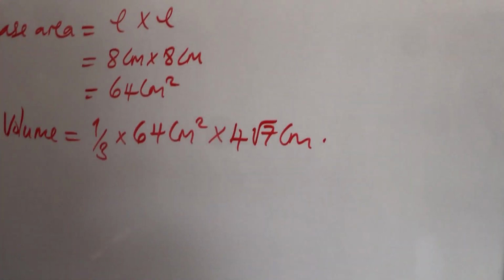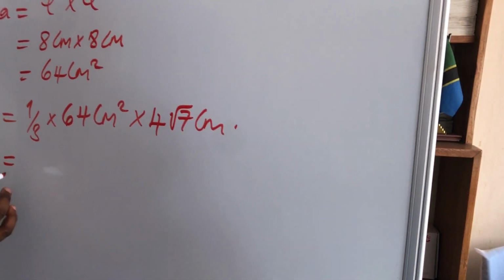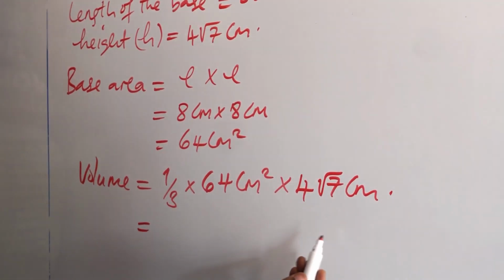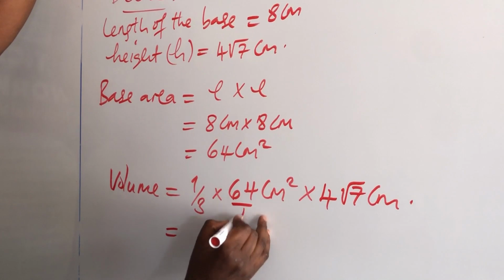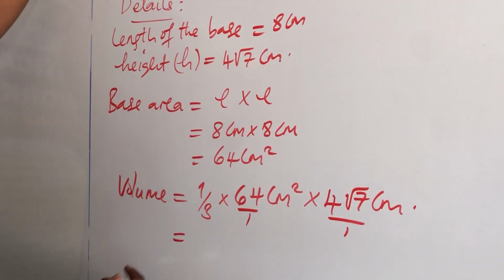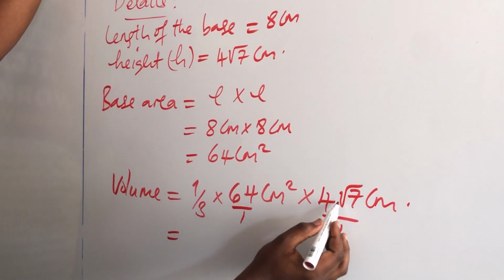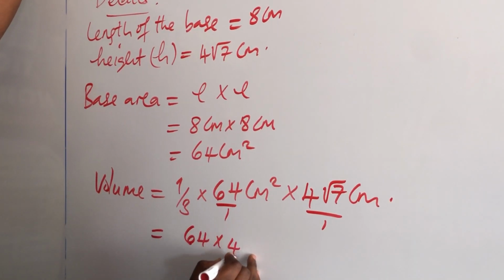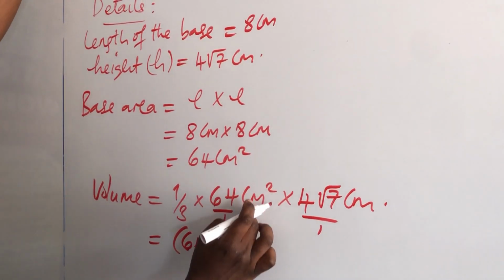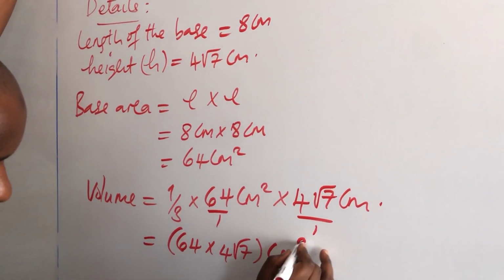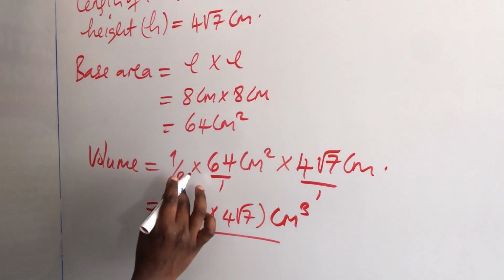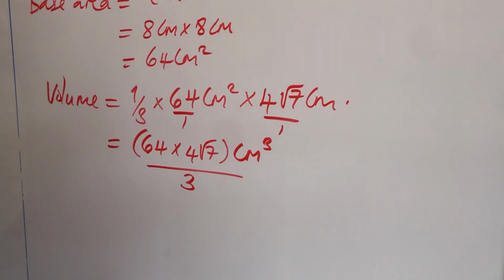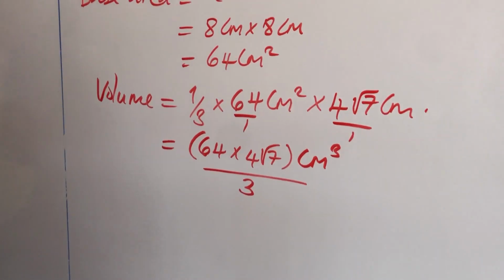Now on simplifying, 3 cannot divide 64, so we can introduce 1 as the denominator of these numbers, and we'll have fractions. So 1 times 64 times 4 radical 7, centimeter squared times centimeter gives centimeter cubic, over 3 times 1 times 1, which gives 3.